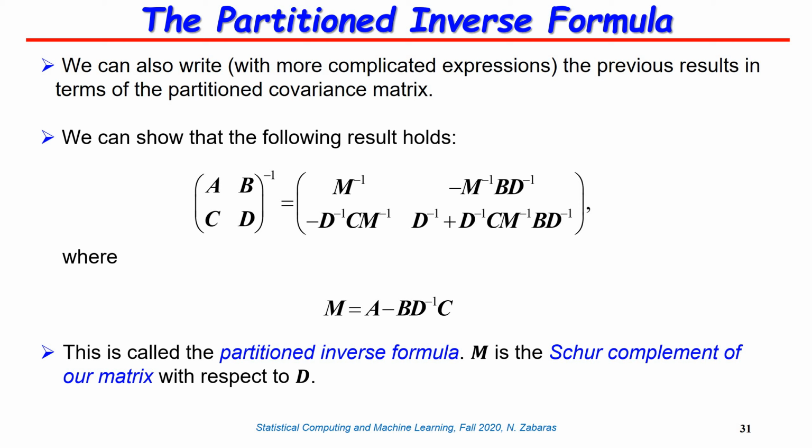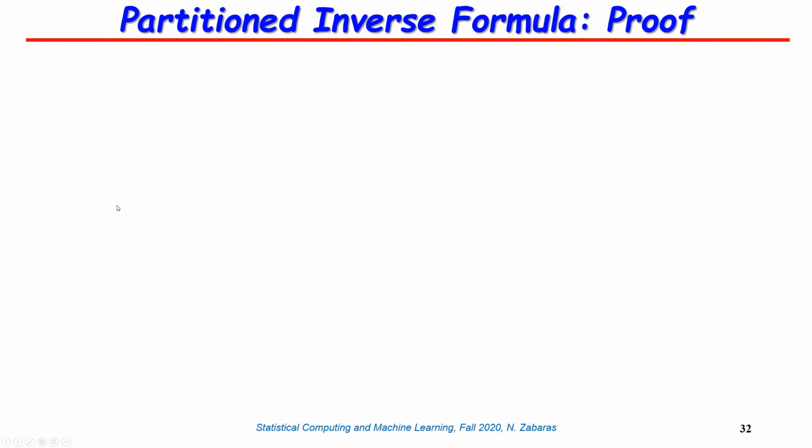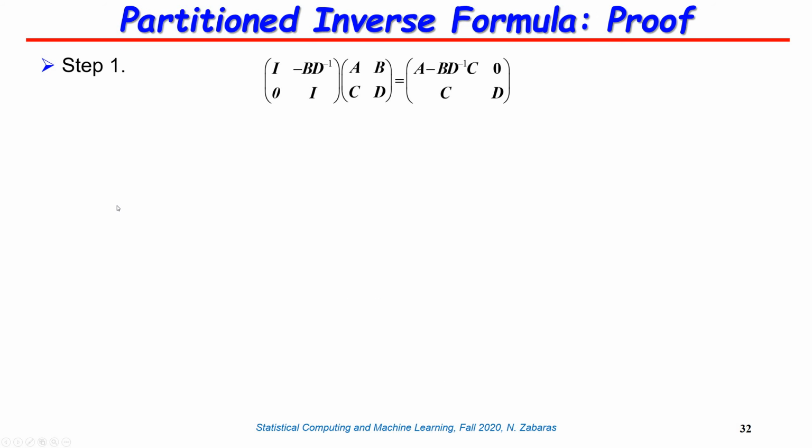For those who want the easy way of deriving this formula, they can multiply this formula with the matrix A, B, C, D and convince themselves that they do get the identity matrix. For those who are a little bit more linear algebra oriented, I have a better proof.